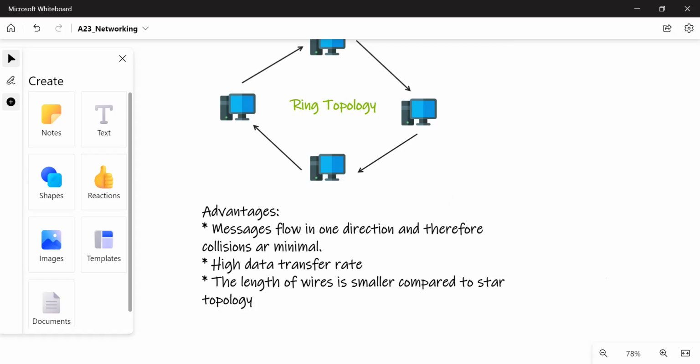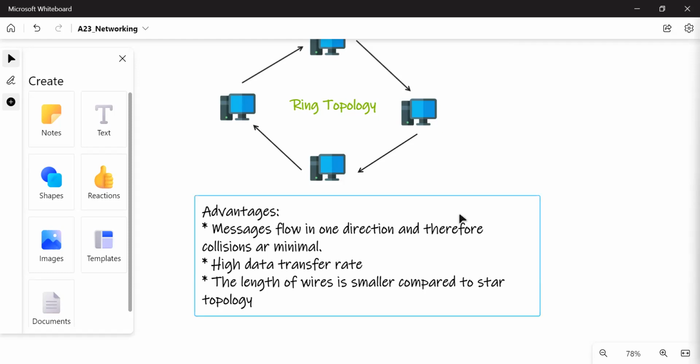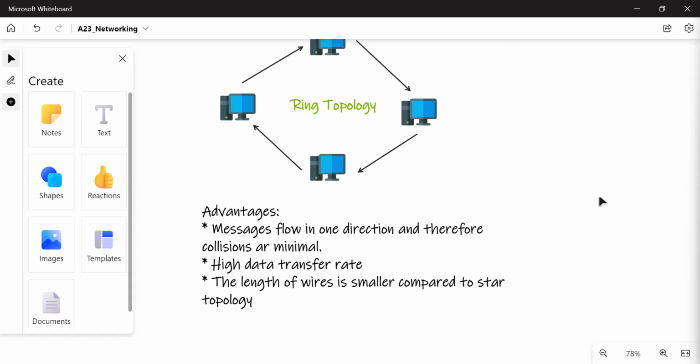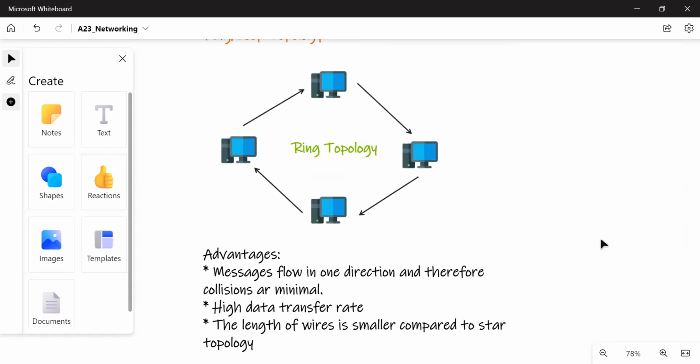So the wire length is smaller, right? So these are the few things that you need to remember about ring topology.